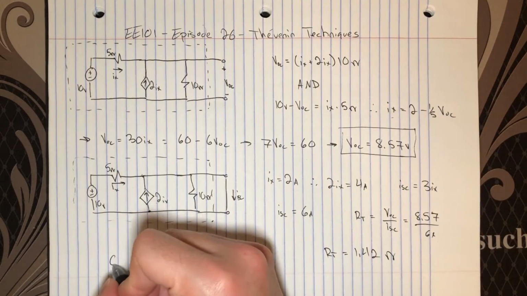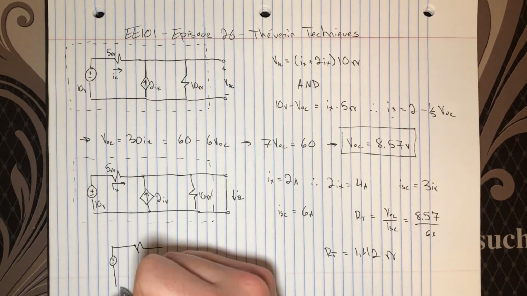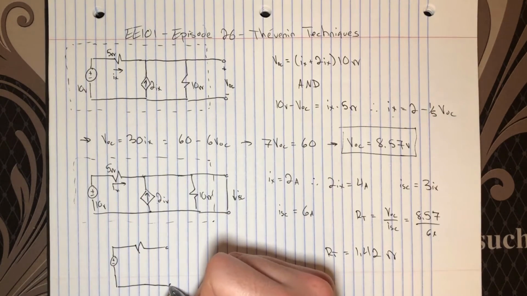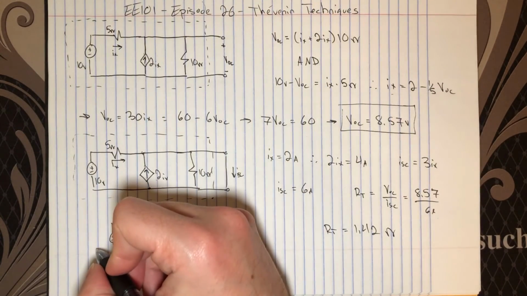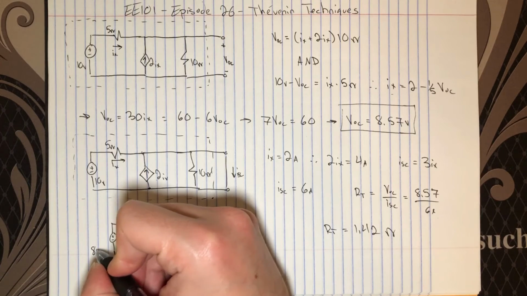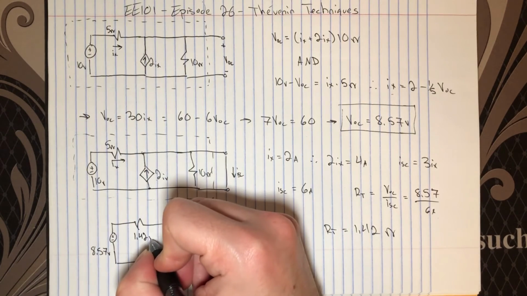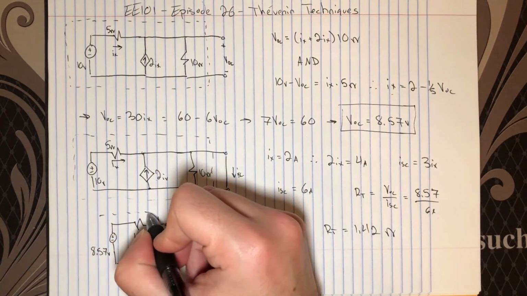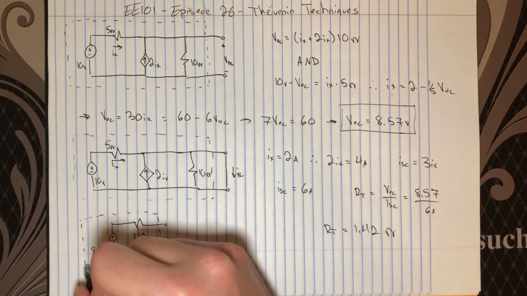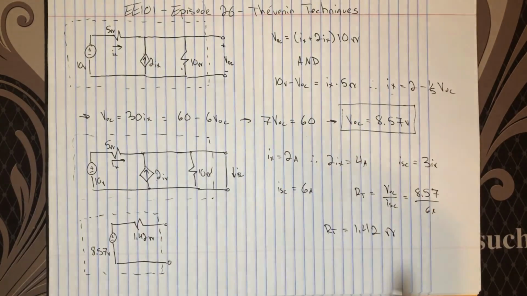And so to draw a quick Thévenin equivalent circuit model, let me scoot this up to make sure you can see, we have 8.57 volts and 1.42 ohms. And this is our Thévenin equivalent model for our original circuit up here in this box.